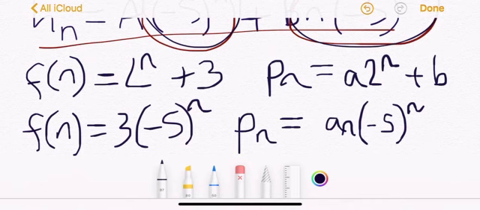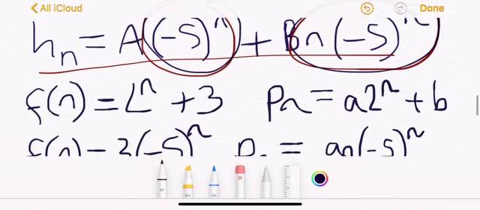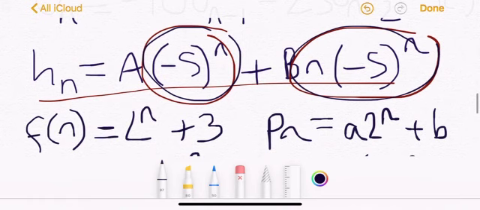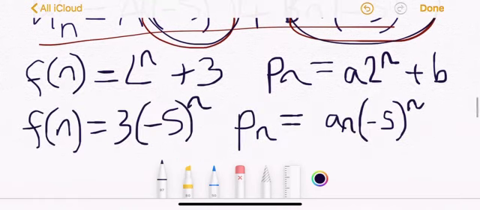But notice here, when we multiply this through by n, the n minus 5 to the n term is still in our h of n. So this is going to be no good as well. So actually now we need to multiply this through by n again. So the particular solution we need to consider here is p of n equals a n squared times minus 5 to the n.